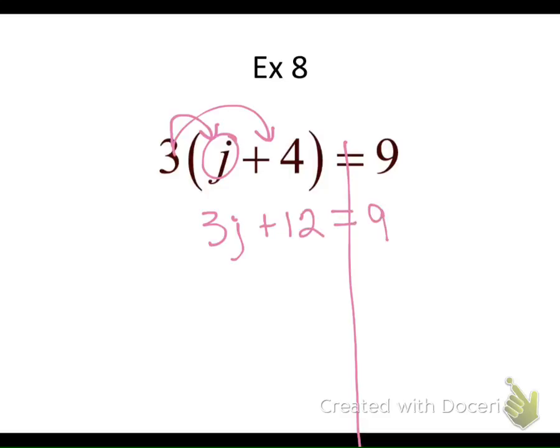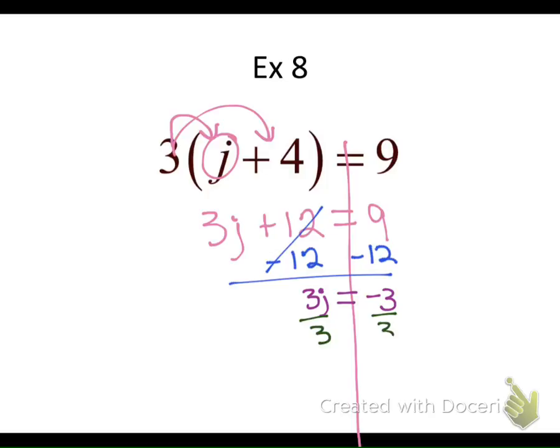Okay? Now what do I get rid of? The 12. So I'm going to subtract 12 from both sides. It cancels. My left side, I'm with 3j. What's 9 minus 12? Negative 3. Okay, how do I get the j by itself? Divide by 3. That's negative 1. And box.